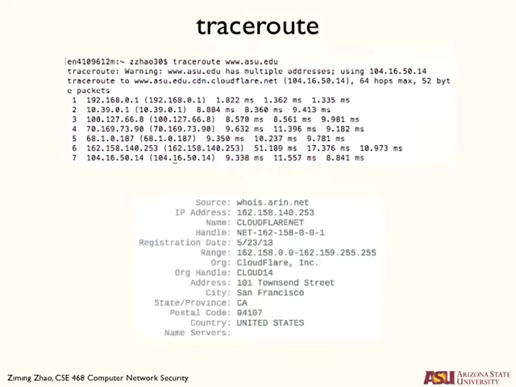They are hosting ASU's website. So eventually, this is our destination, the ASU web server's IP address. So we first get to the web hosting company's router and eventually reach the ASU web server.